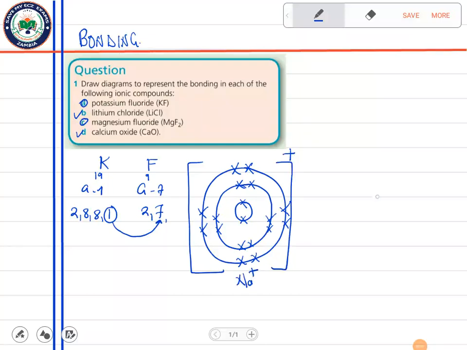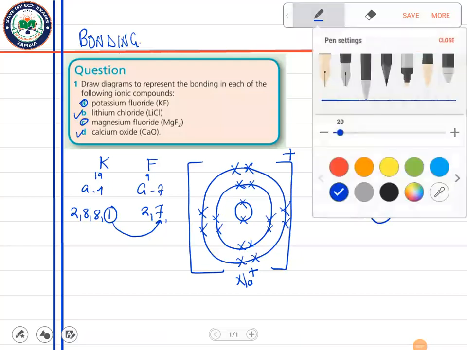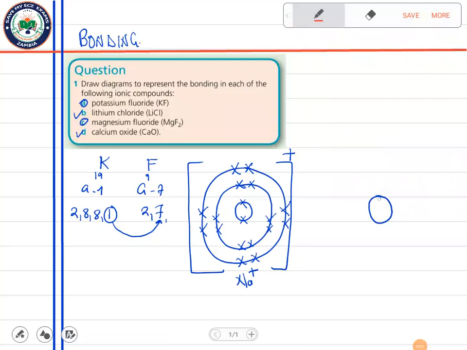Then fluorine is this. So let me use another color. And do this. Alright, so that is how you do it.